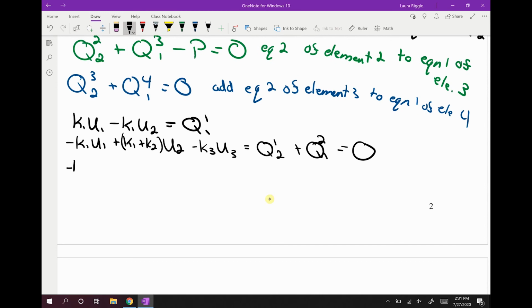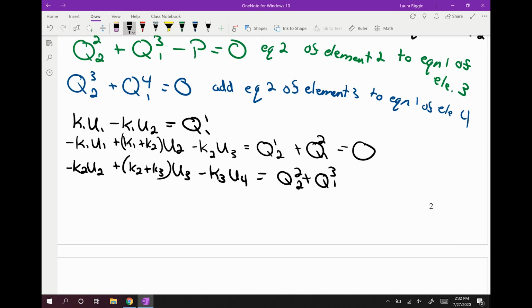Then I have minus K2 U2 plus K2 plus K3 U3 minus K3 U4 equals Q22 plus Q31, which is equal to P.